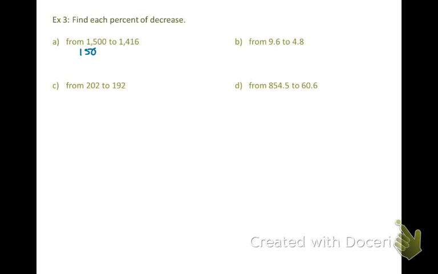So you go 1,500 minus 1,416 over the first number. It's the same type of problem. 84 over 1,500.